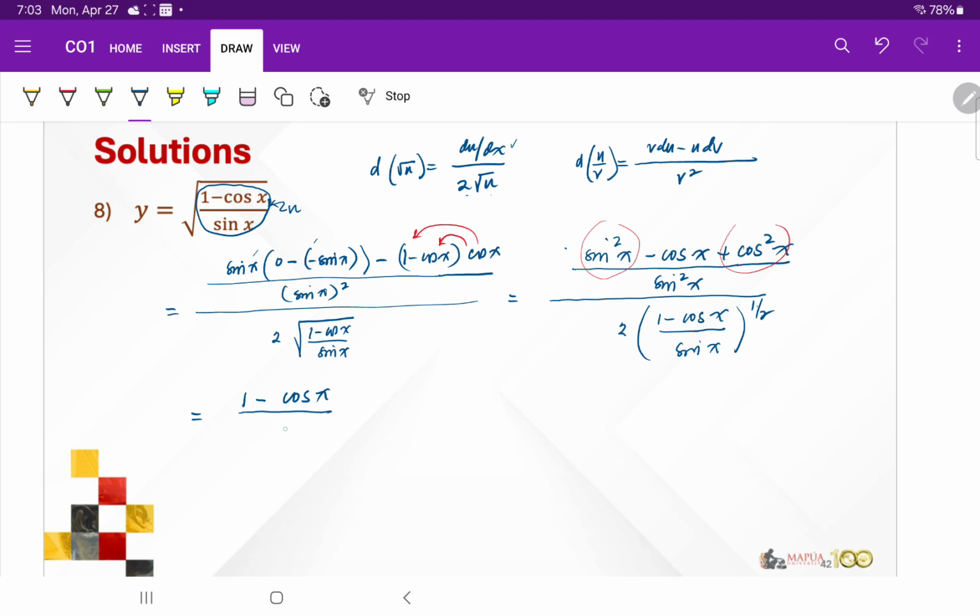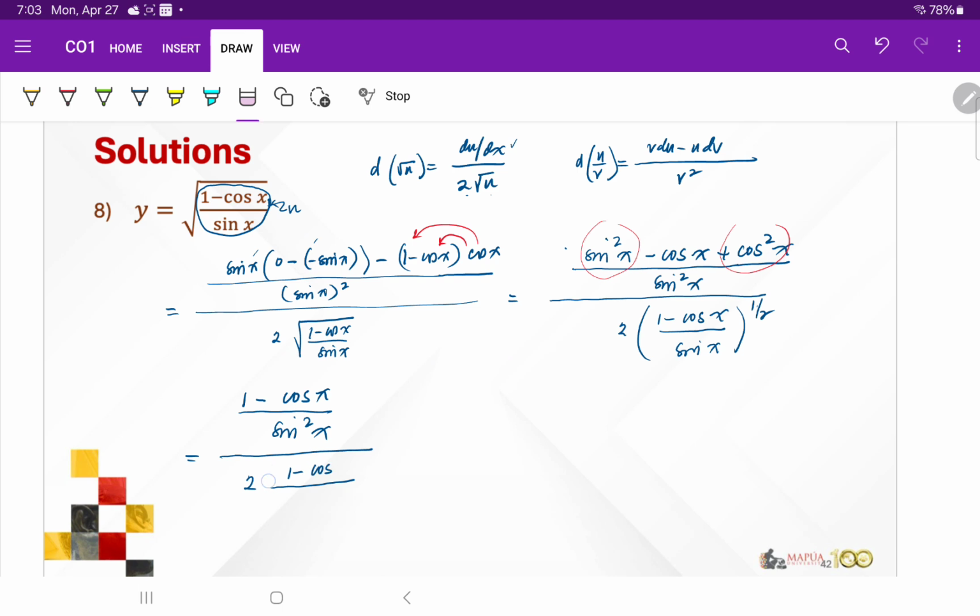Over sine square x. And then we divide by 2 times, we could write this as 1 minus cosine x.